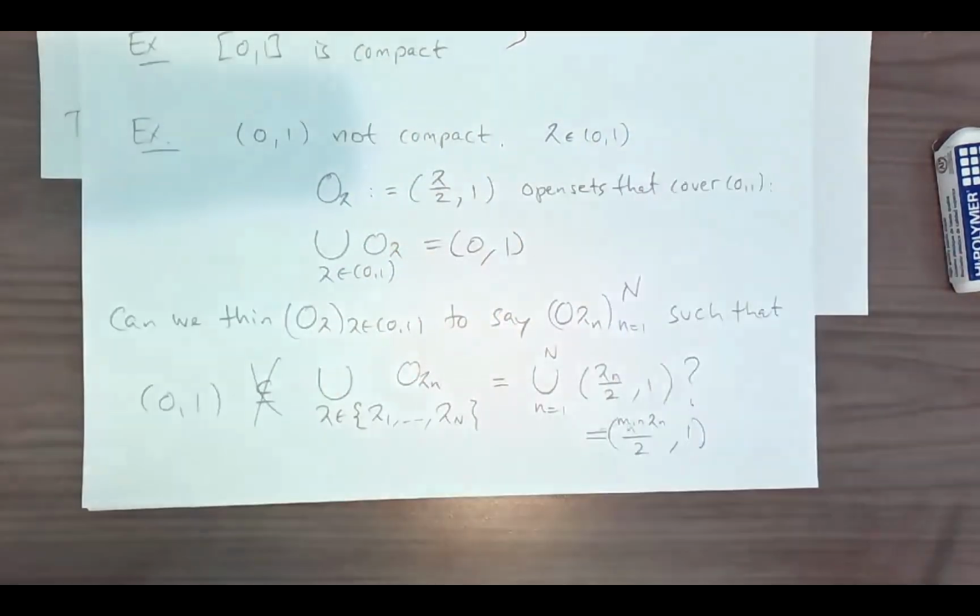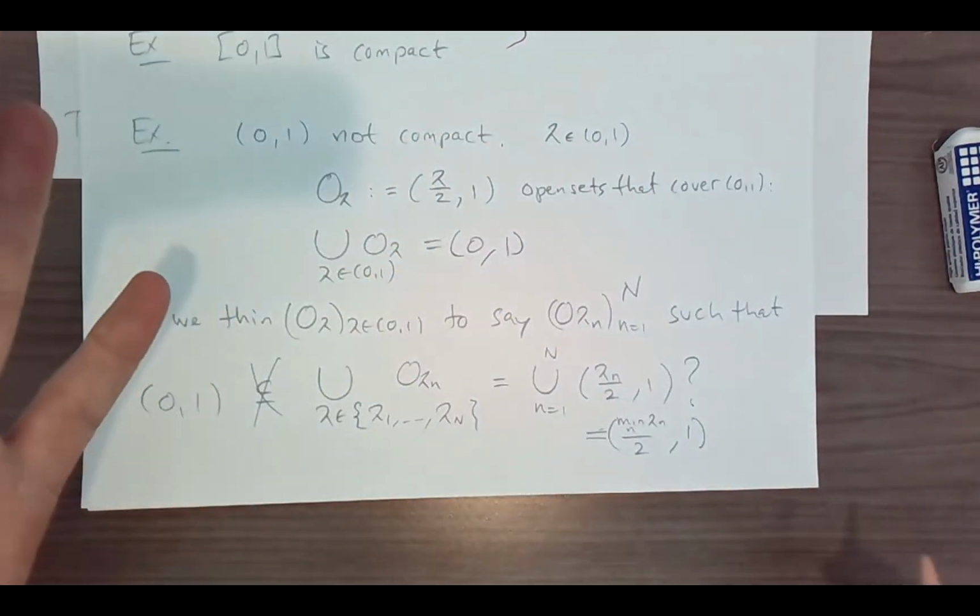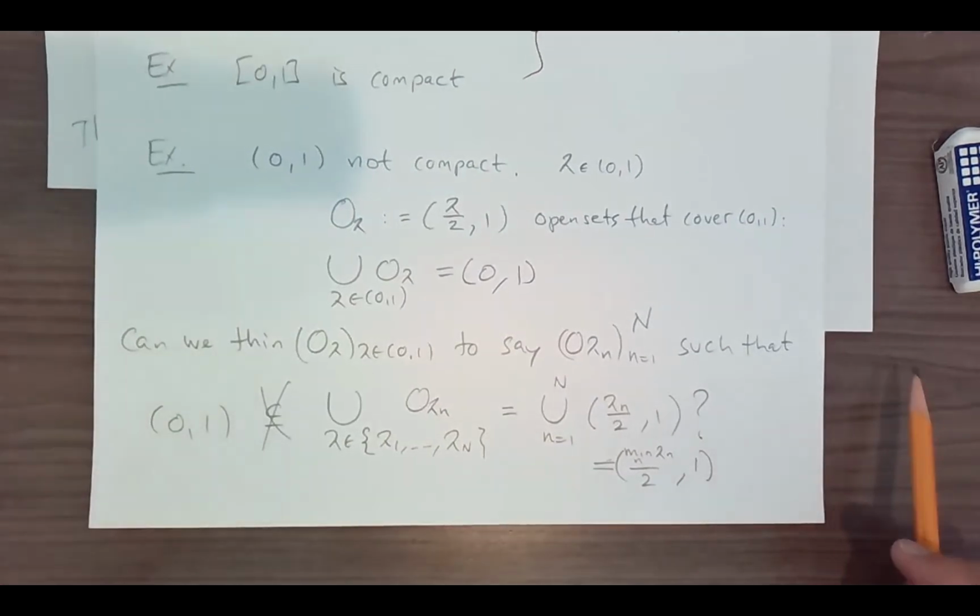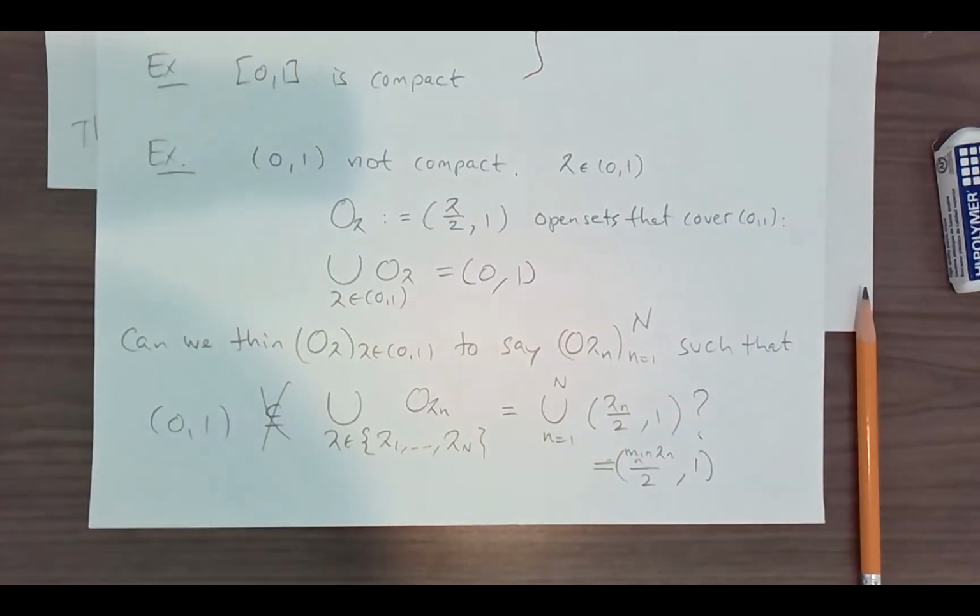So we were able to create an open cover that you can't thin. Well, if you can't thin it, then the set is not compact. If you want to have a compact set, you need to be able to thin every single open cover to a finite cover.